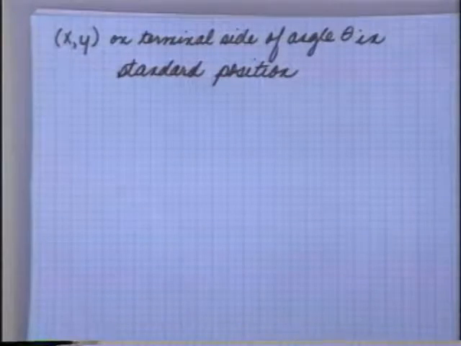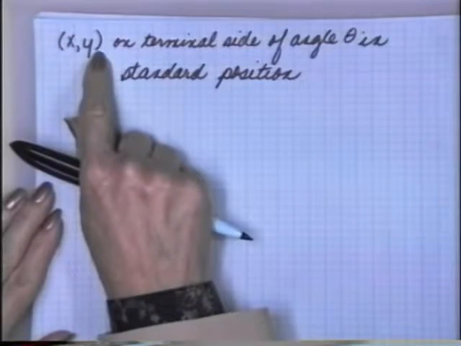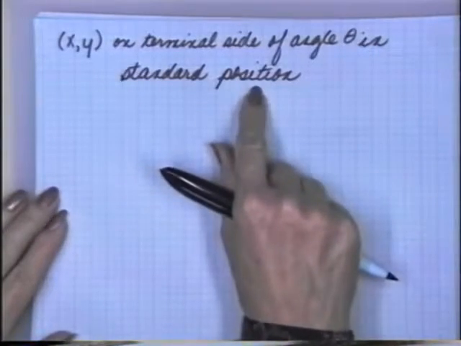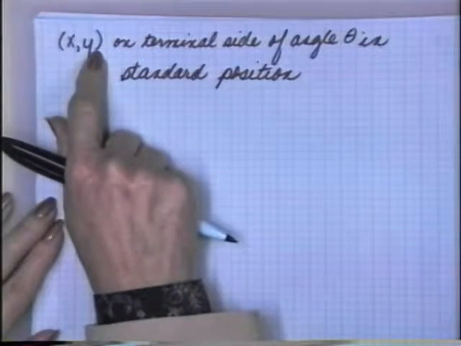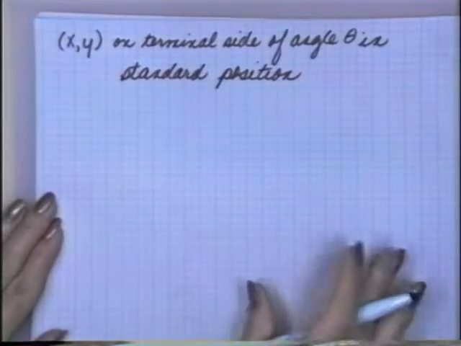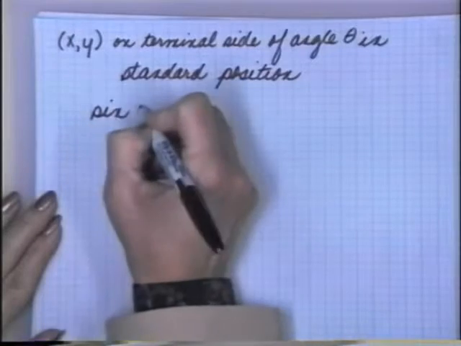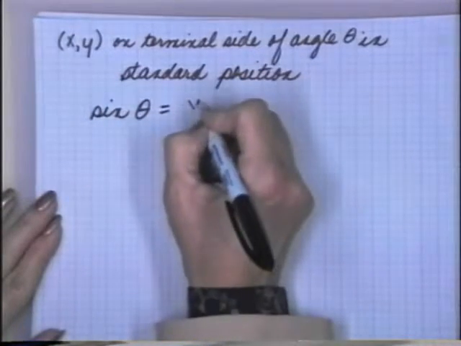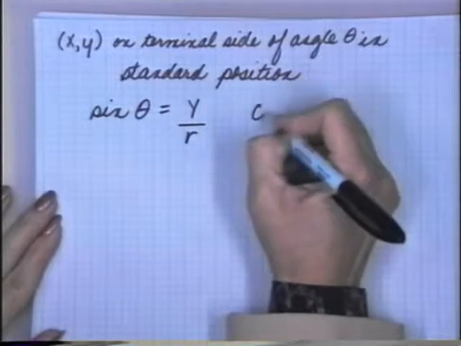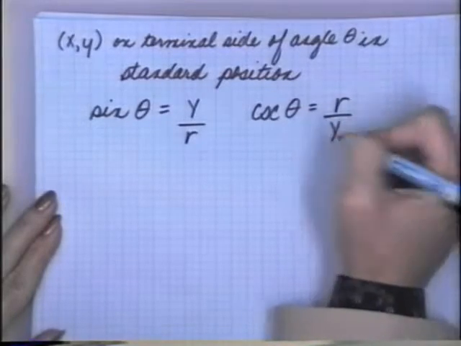Now let's look at how we derive the reciprocal identities. We know that for an angle theta, if we choose a point on the terminal side of angle theta in standard position, and we choose the coordinates just to be a generic x and y, and remember that can be any point on the terminal side except of course the origin, then for the angle theta we can define the sine of theta as y divided by r, and the cosecant of theta is its reciprocal, r divided by y.